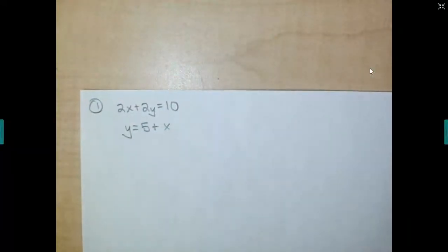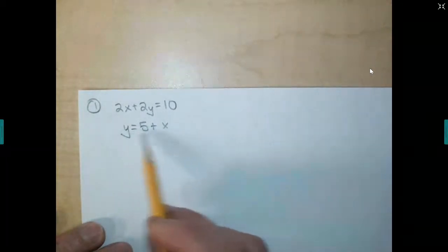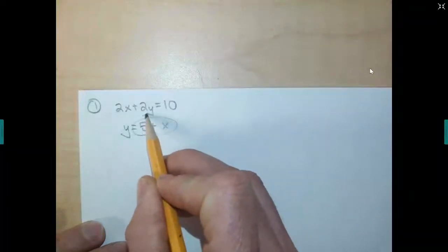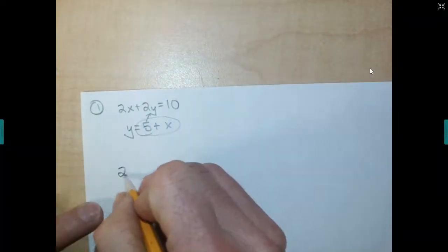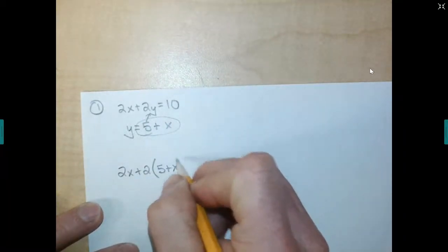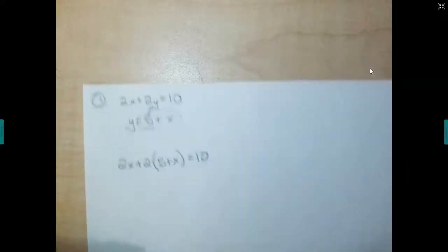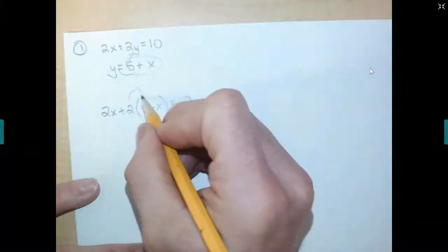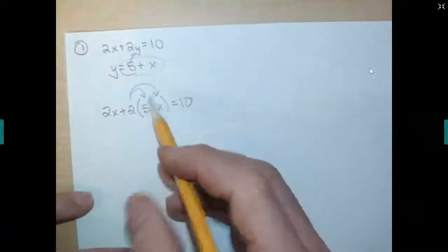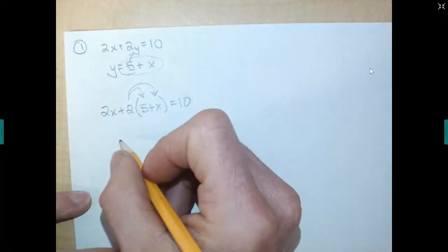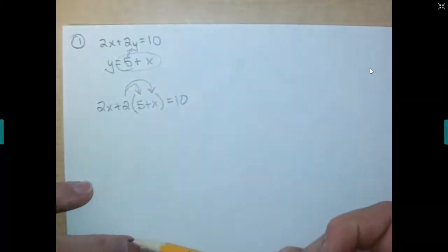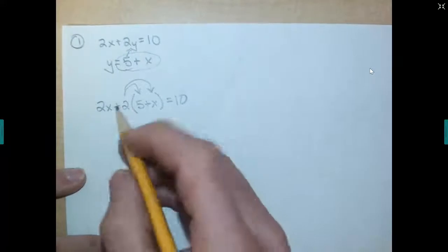It already solved y, so I'm just going to plug this right into there. So I have 2x plus 2 times this y, which is 5 plus x, equals 10. Don't forget to pause the video when you need it paused to catch up or to understand something. I will also put a link to Khan Academy into this module if you want a further explanation. He's much more articulate about math than I am.